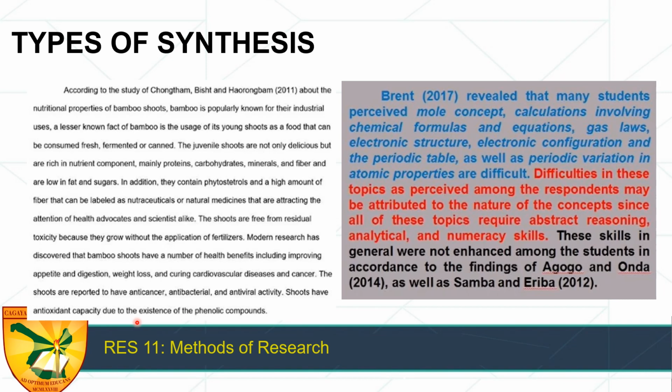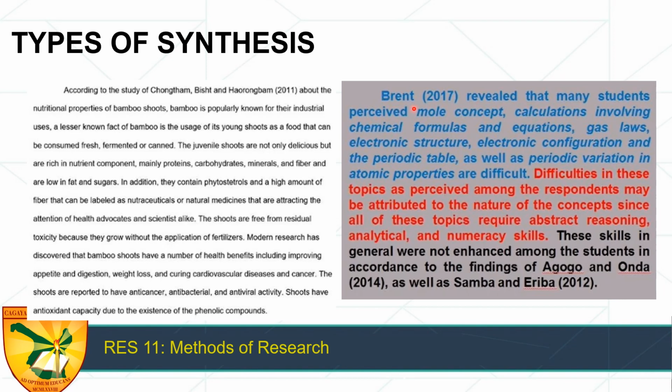That is explanatory synthesis. For argument synthesis, this is used in social studies, and a lot of your proposals are social studies, wherein it looks at similarities and differences of authors in a particular concept or topic.